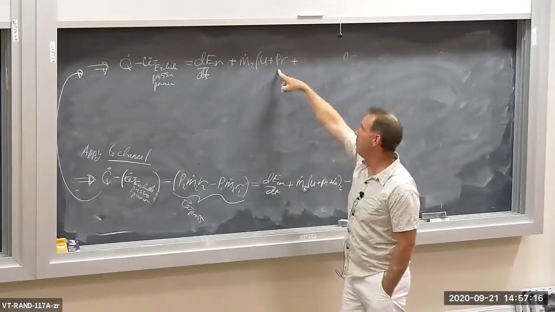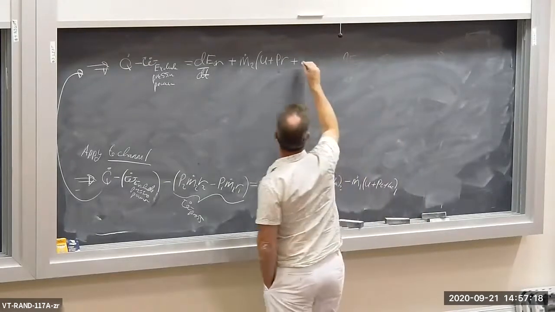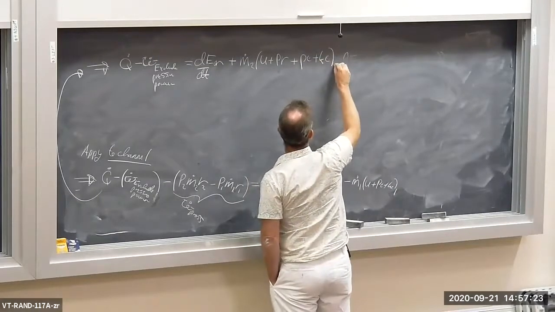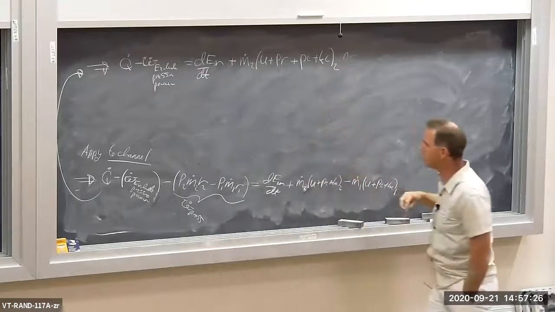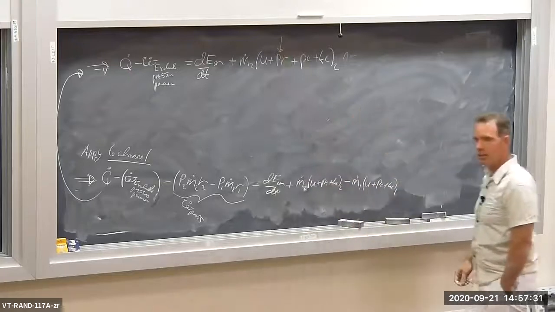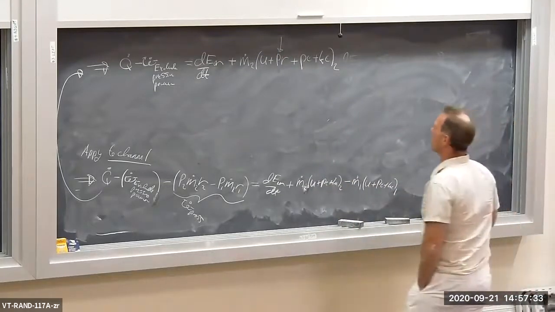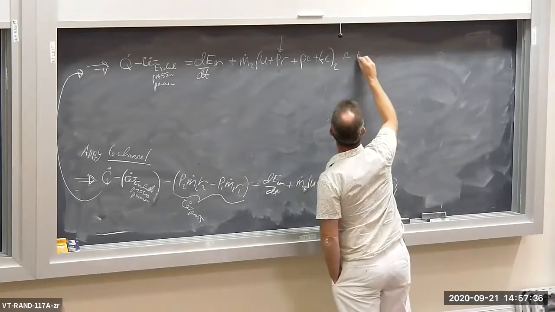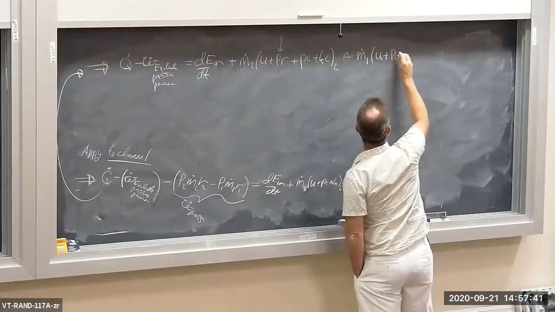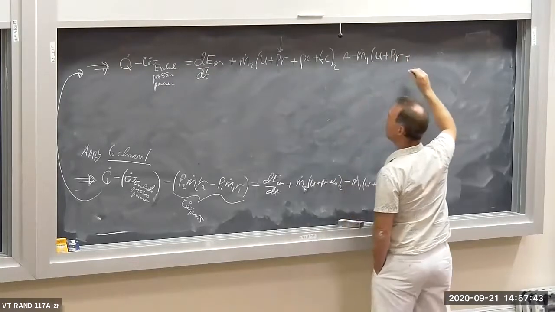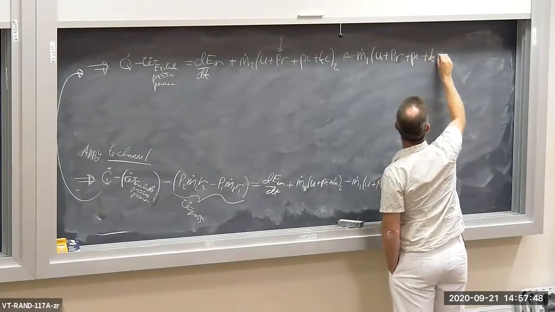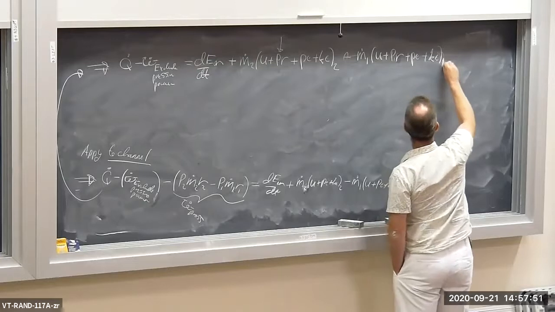There is my pressure power, plus PE plus KE calculated at the outlet. So here I got my pressure power term in parentheses, minus m dot 1, U plus pressure times specific volume plus specific potential and kinetic energy at the inlet.